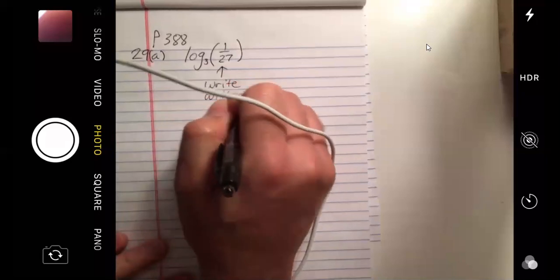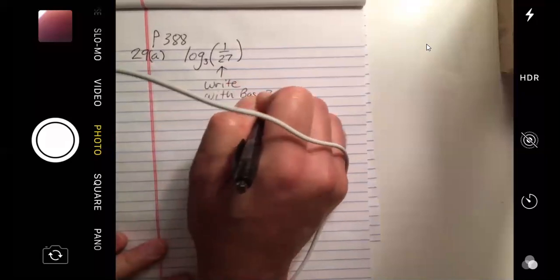Again, you cannot directly punch it. Until I show you the trick on the calculator, you can't directly punch it. You may already know the trick. They show it to you in the next section, 4.4. You have to write this with a base 3. There's a few steps to do that.